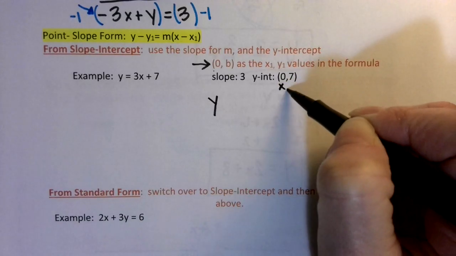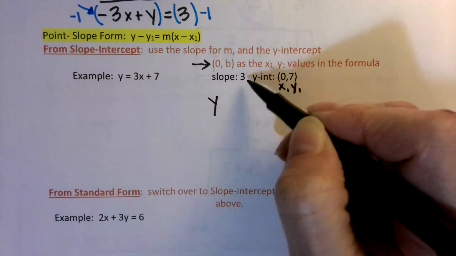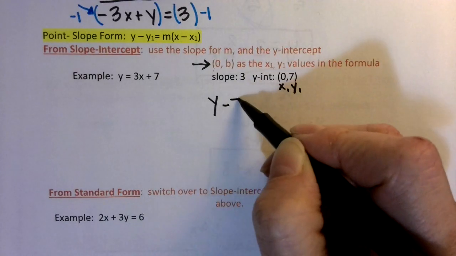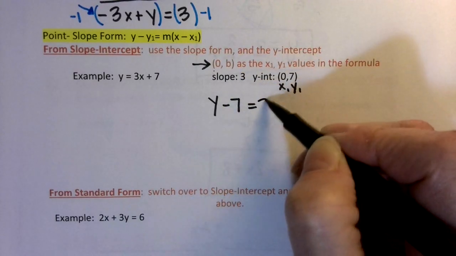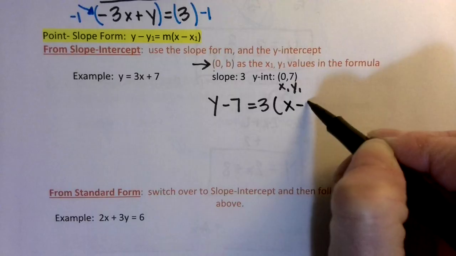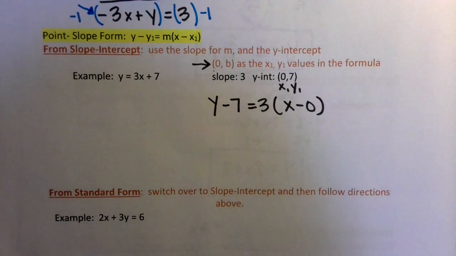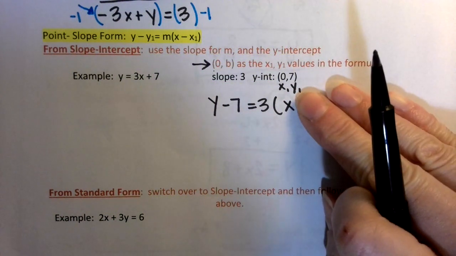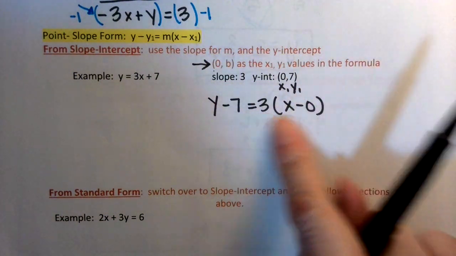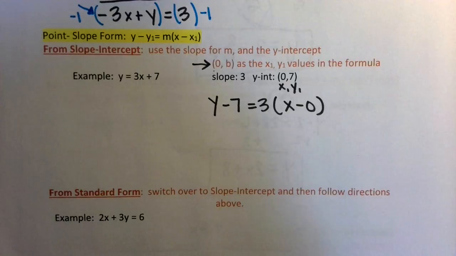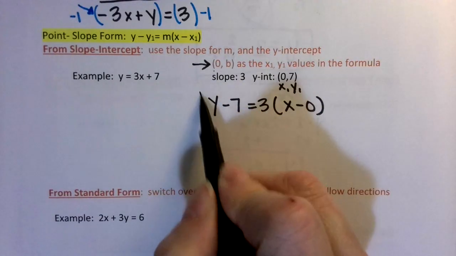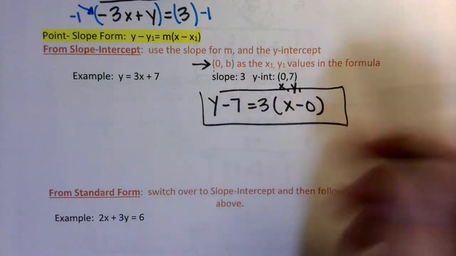This is my x sub 1, and this is my y sub 1, and that's m. So I'll say y minus 7 equals 3 times x minus 0. I usually leave the 0 in so it looks like it's in the form of point slope. Some people would just put x in parentheses. I always feel like making it look like it's in point slope makes more sense to me. So that would be that answer right there.